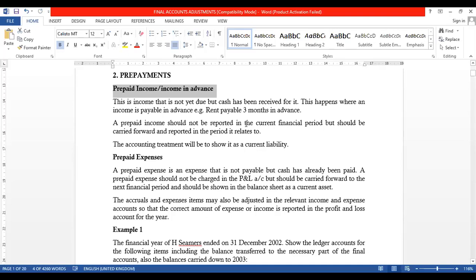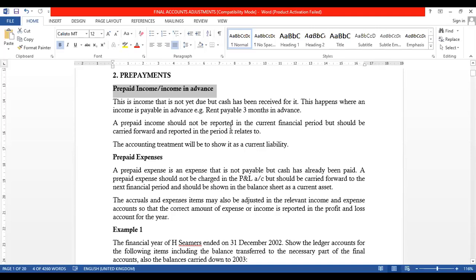And therefore, if it is included in any of the figures, it must be subtracted from it because it has not been utilized. We only received money. It's like a debt that has been given to us. We have not rendered the service, right? It cannot be reported in the current financial year.